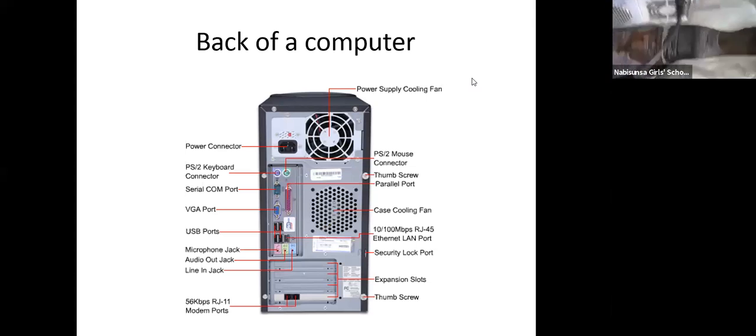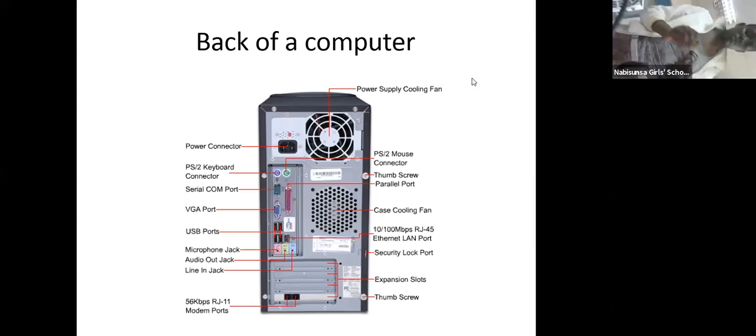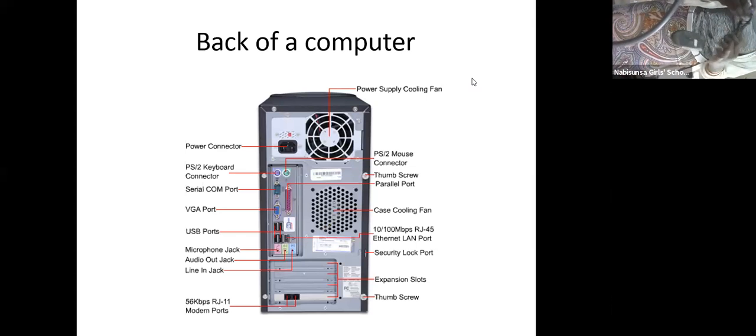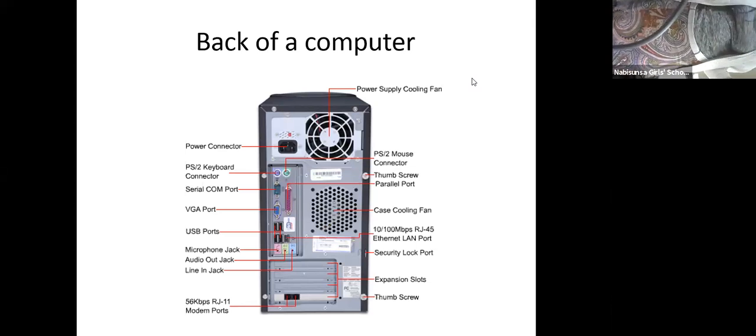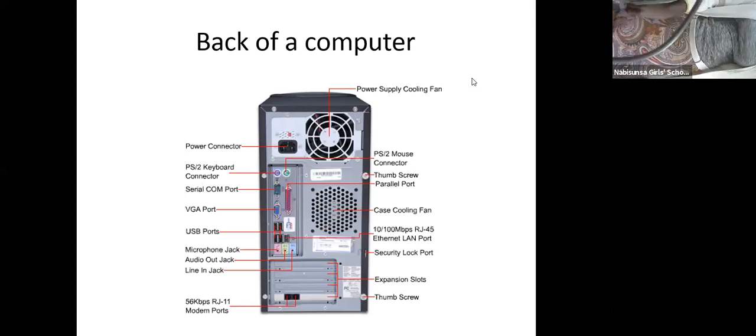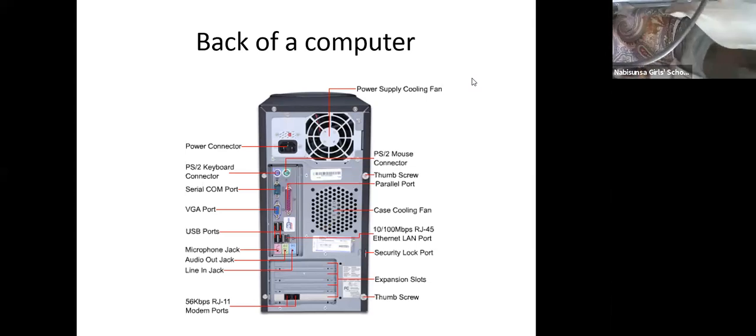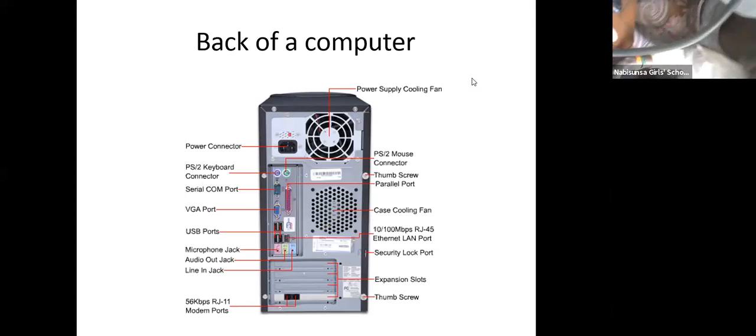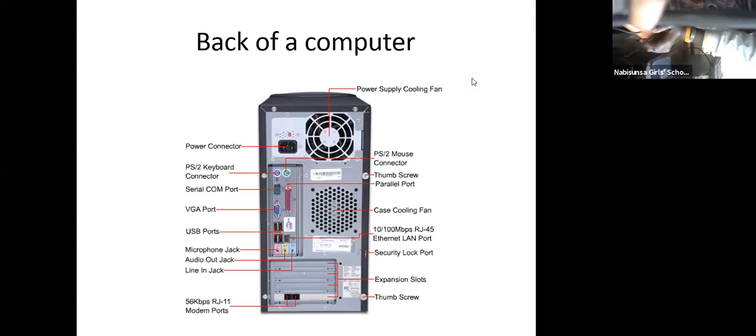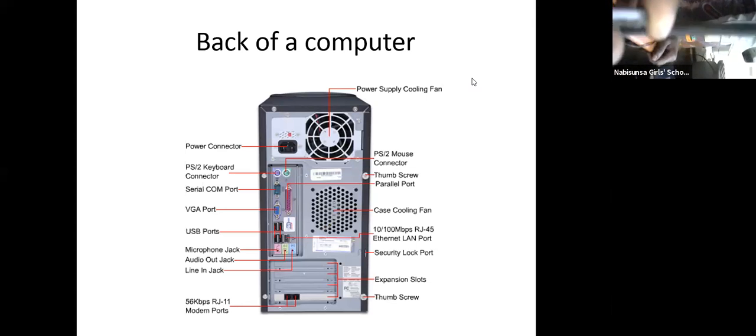So we have the mouse, you unfold it and make sure that you connect it to the computer. It's an easy way. You look at the connector of the mouse inside it.